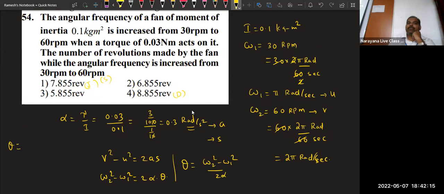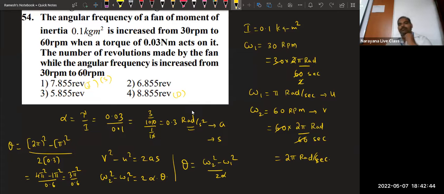So what is angular displacement? Omega 2 is 2 pi, whole squared, minus omega 1 which is pi, whole squared, and the whole divided by 2 into alpha, which is 0.3. 2 pi whole square means 4 pi square minus pi square, divided by 0.6. 4 minus 1 means 3 pi square divided by 0.6.